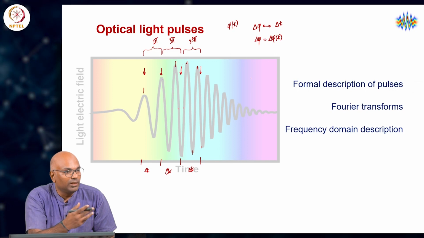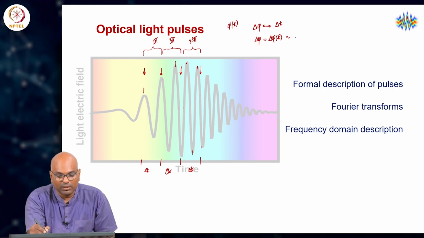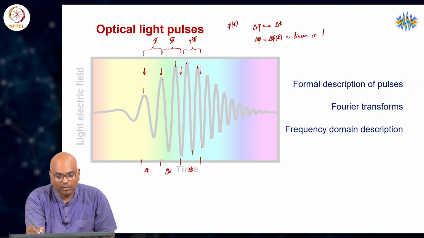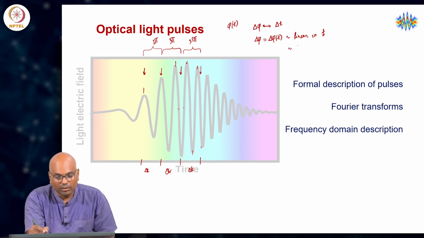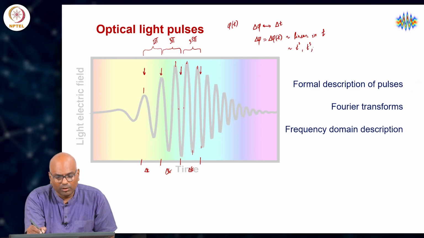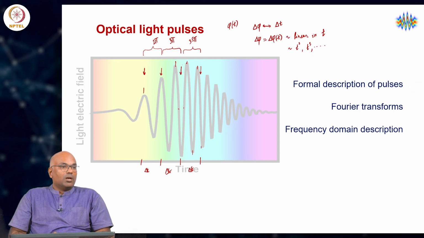It could vary linearly, but the way we have sketched it here, this is linear in t, but it could also have been t square, t cubed and so on. It could also have been this.